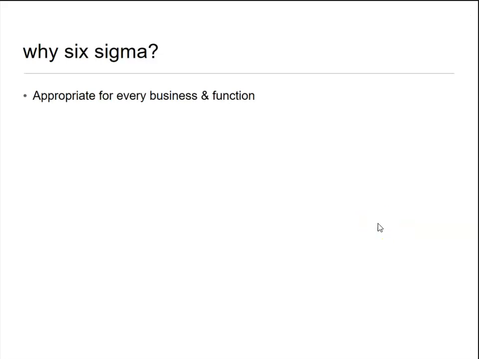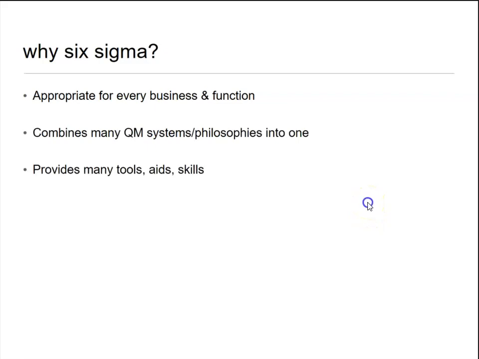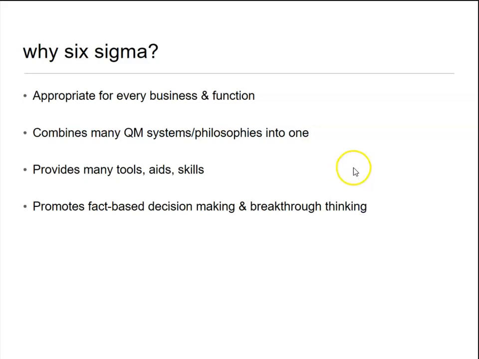So again, why Six Sigma? Well, it's appropriate for every business and function. It combines many quality management systems into one, and provides tools, aids, and skills. Everything that we went through in class so far has been total quality tools or Lean Six Sigma tools. It provides fact-based decision-making and breakthrough thinking.